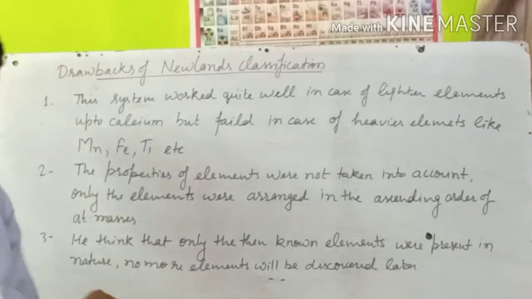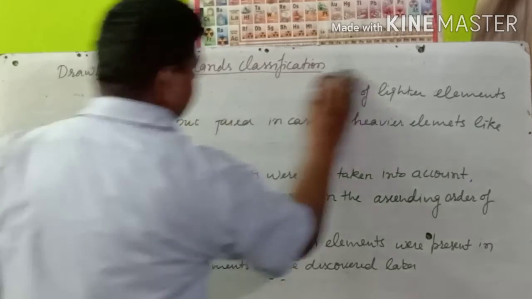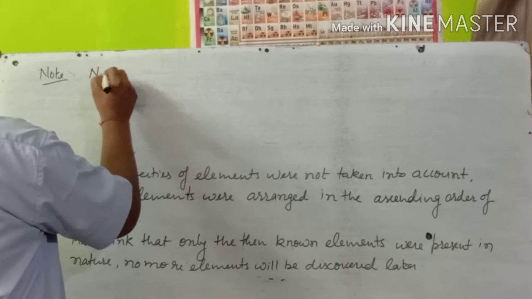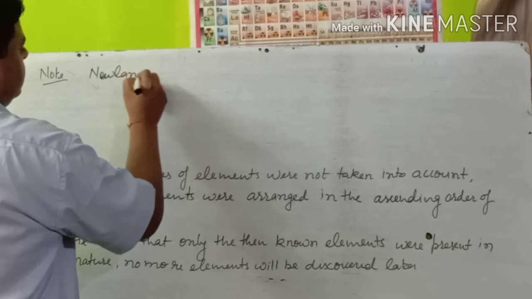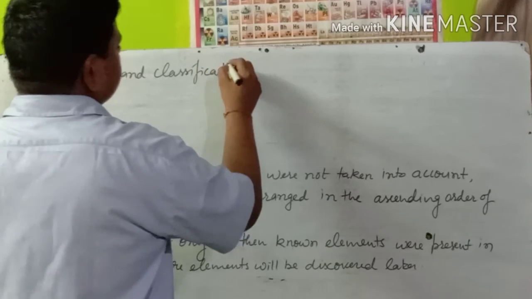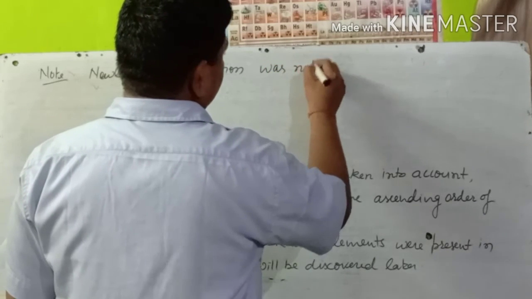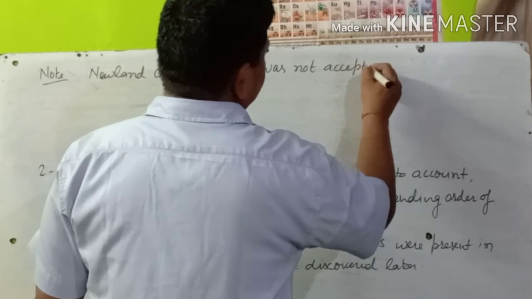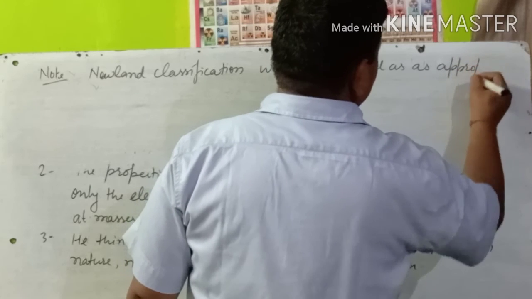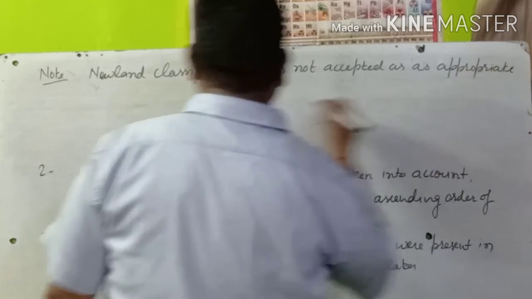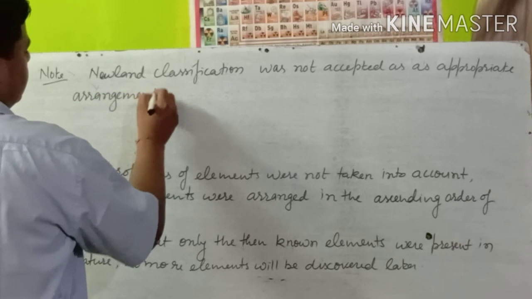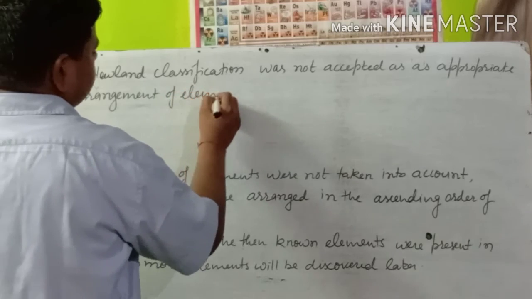But here an important note is also given. Newland's classification was not accepted as an appropriate arrangement of elements.